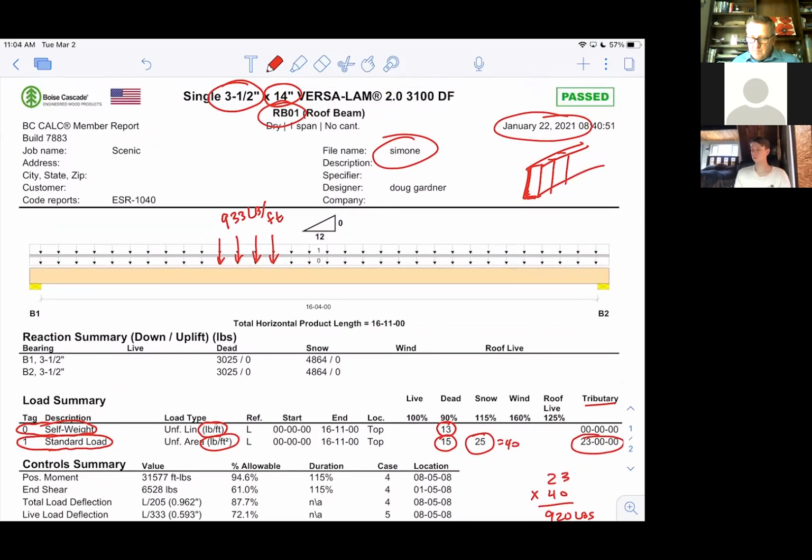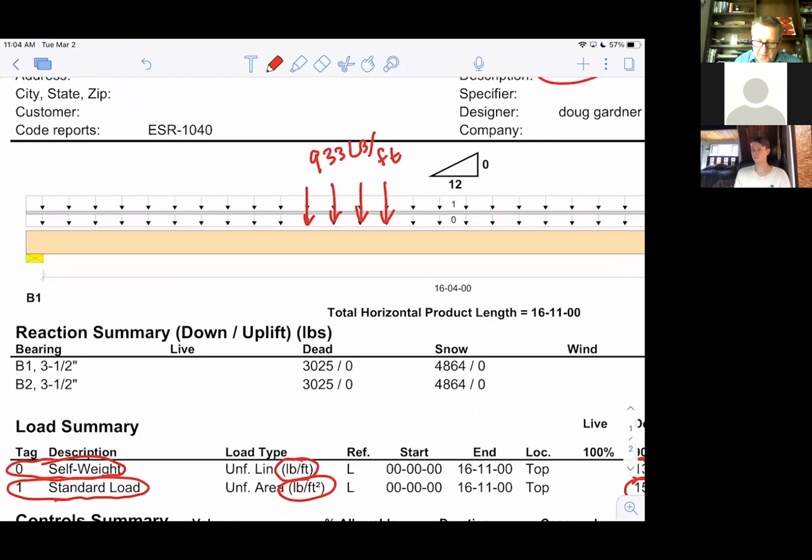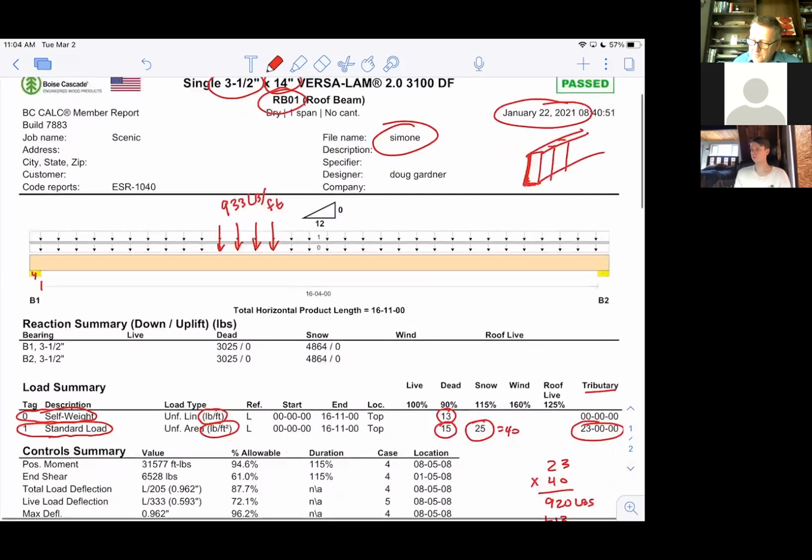And notice that this beam is 16 foot forward to the edge of the wall right there. Roughly, that's a 4-inch wall, and this is a 4-inch wall. So overall, this beam is like 17 feet long.